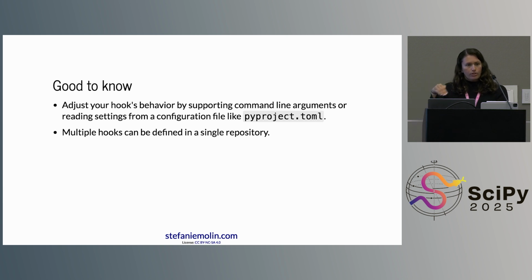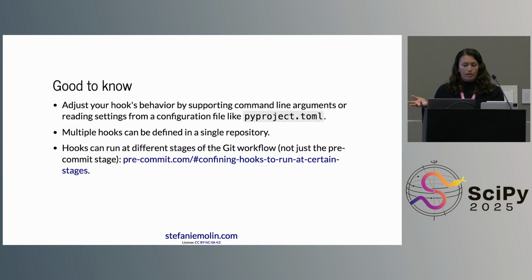We spoke a little bit about this when I was showing how Ruff has it. They have multiple hooks in the repository, so ruff check and ruff format. The pre-commit hooks one we started with also had multiple IDs, right? So if you have multiple versions of your hook that you want to expose, you would just create multiple sections in your pre-commit-hooks.yaml file. And again, they can be run at any stage that's supported by pre-commit.